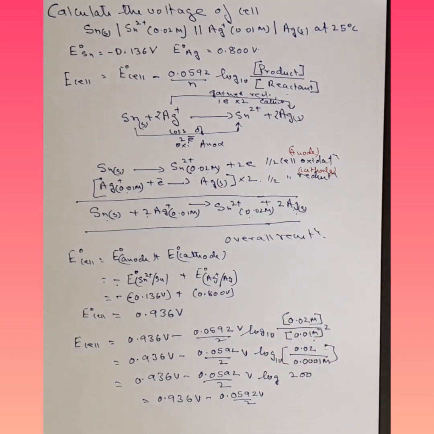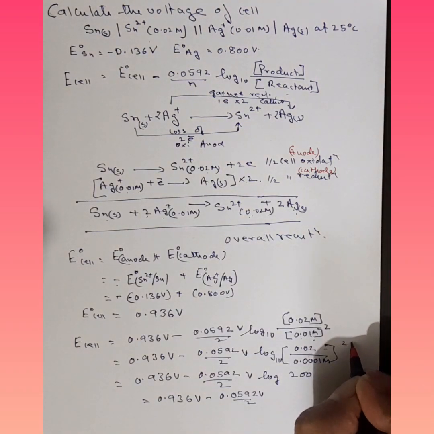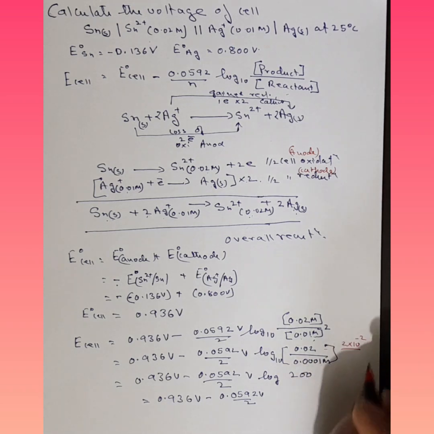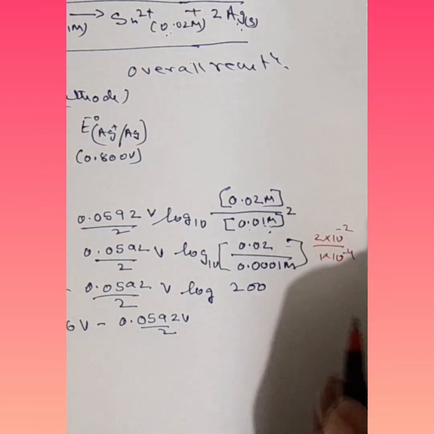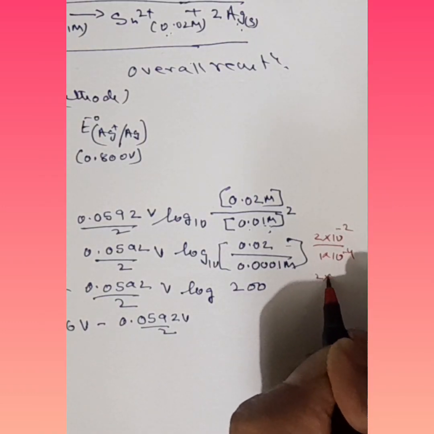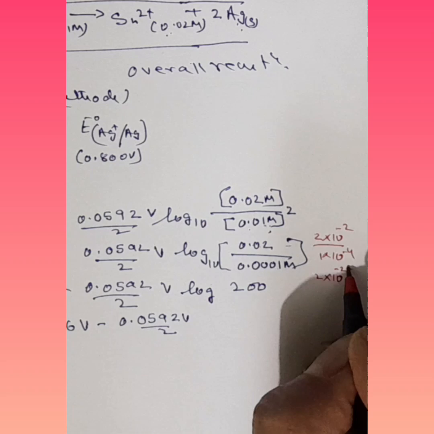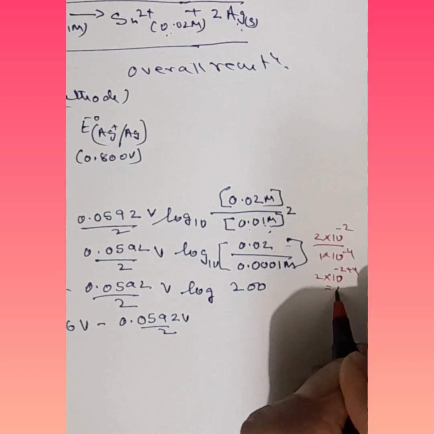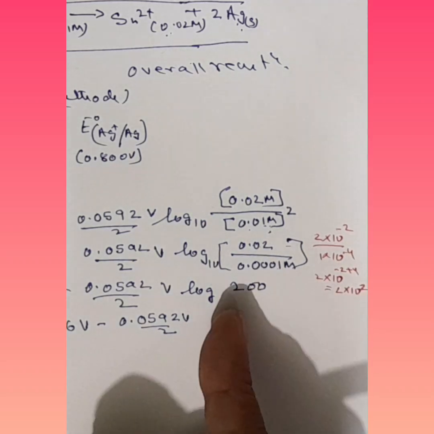If you want to check that out, your numerator was 2 into 10 raised to minus 2 and the denominator is 1 into 10 raised to minus 4. So when this goes up, it becomes 2 into 10 raised to minus 2 plus 4, which is equal to 2 into 10 raised to 2, which is equal to 200.